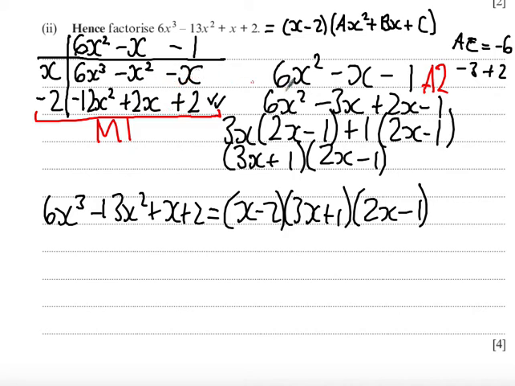Finally, there is one final accuracy mark if you've gone all the way to factorizing the quadratic, so you've got the cubic as a product of 3 linear factors. Okay, I hope that answer made sense and you understood.